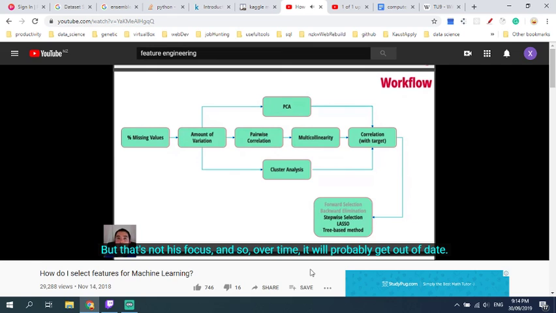And so over time, it will probably get out of date. And if there are bugs, they probably won't get fixed because you don't have a bunch of contributors focused on it like you do with scikit-learn. So do simple things, check whether it's working, and generally stick to things available in scikit-learn because it will make your life easier and you're less prone to make mistakes.